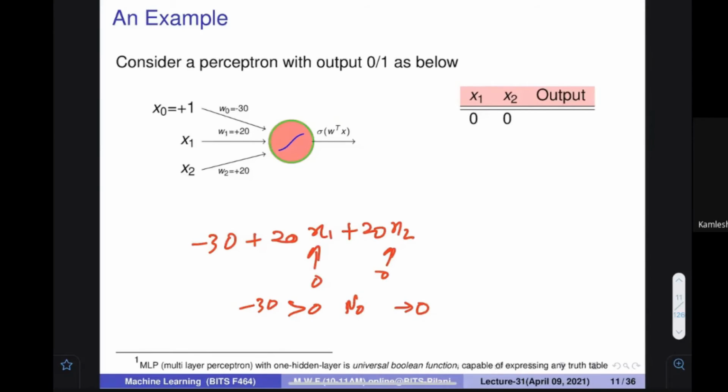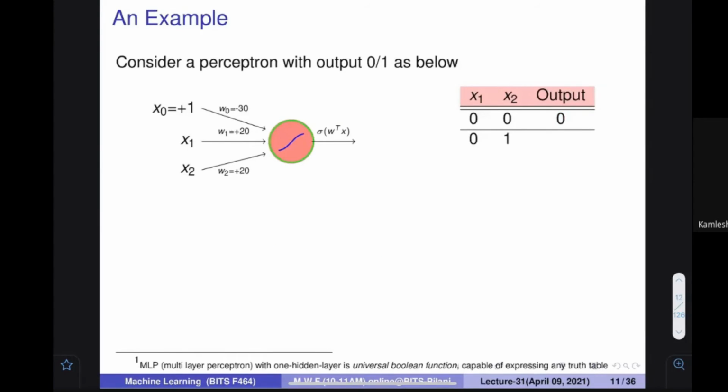What is the output? Can anybody write? Atharva, is it 0? Yes or no? Orange, is it 0? Yes. Okay, so the output is 0. So my question is, for 0, 1, what is the output?